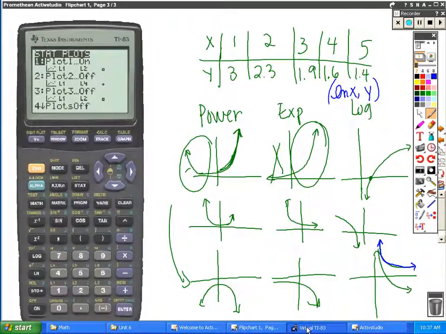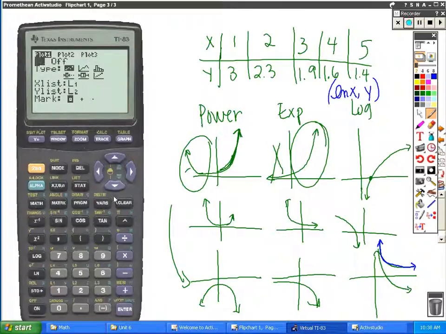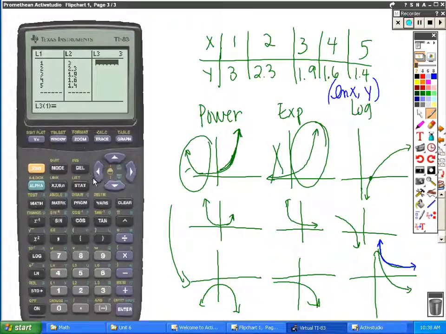When I go to my stat plot, stat, edit, I'm going to do my ln of L1 and my ln of L2. So if this is a logarithmic function, when I do ln x and y, it should give me a straight line.